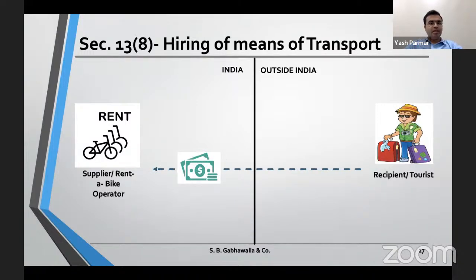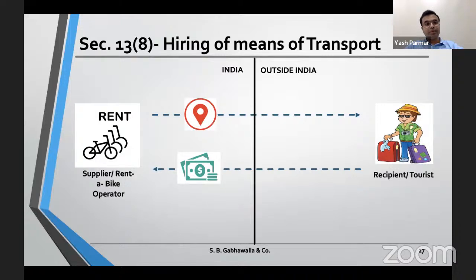Now, in this case, though the renting company has given service to the foreign resident, the renting service is given in India, and as per the provisions which we just saw, the place of supply shall be the location where the services of renting or hiring are actually given.